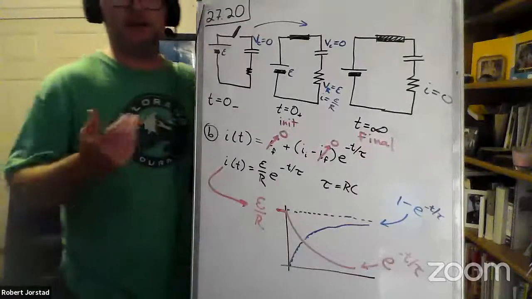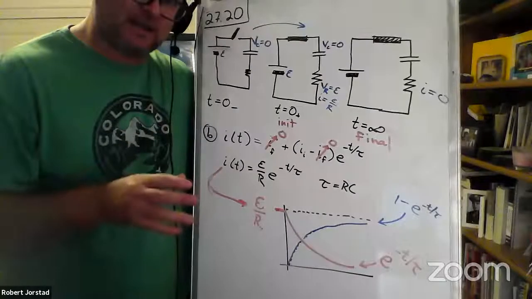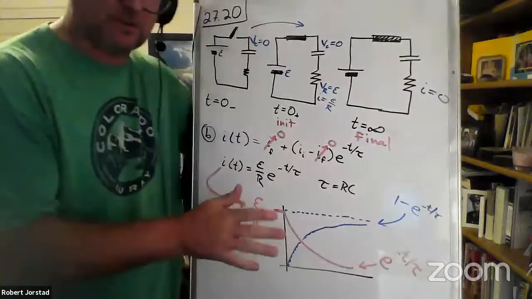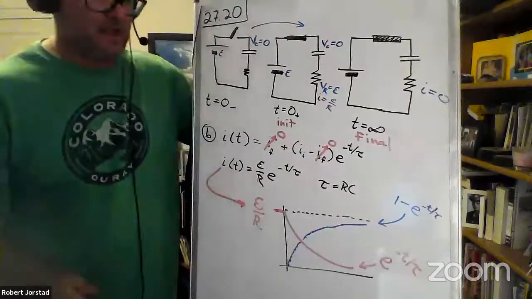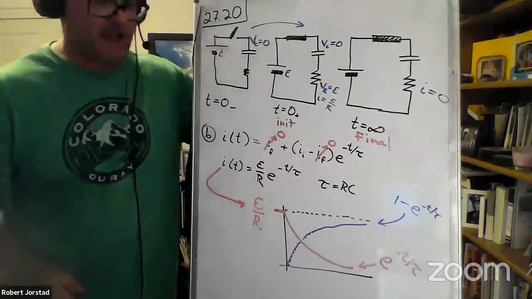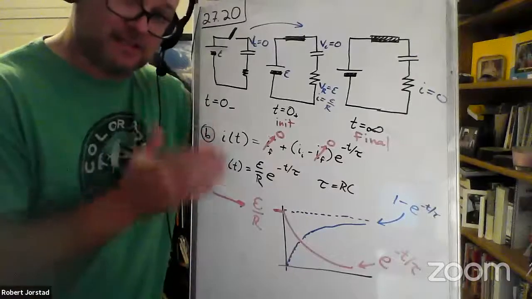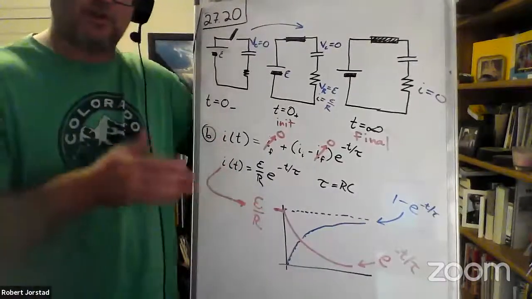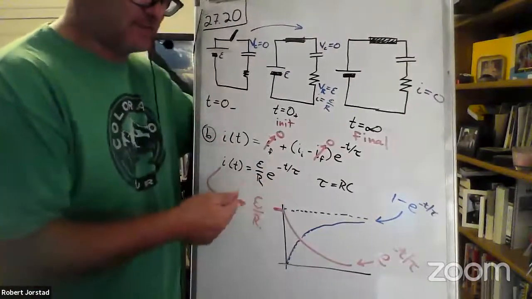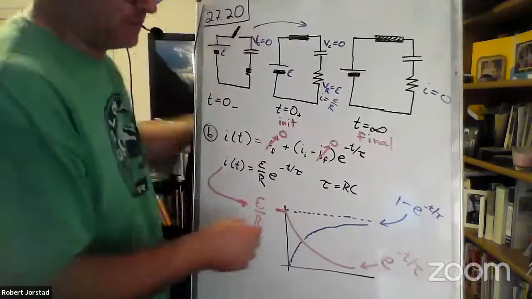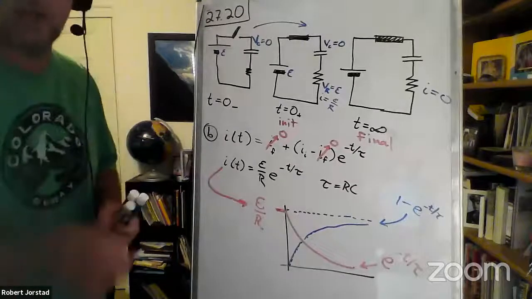Depending on the application, in some extremely technical applications, when they want to be extra sure, they go out to 10 tau, which is crazy. So e to the negative 10 is a pretty small number. But unless you're in some extremely rigid situation where you really have to be sure there's no charge or current left, you just say after 5 tau, you're less than 1%. Generally speaking, we're going to assume that.